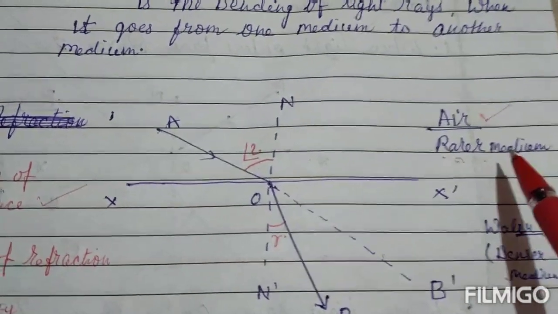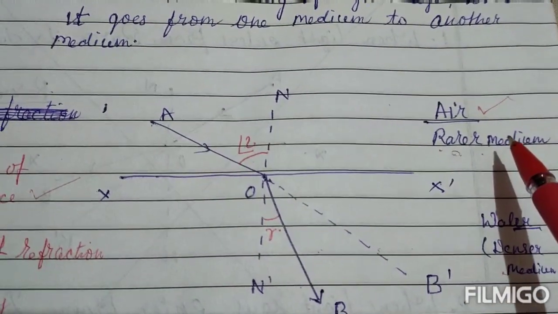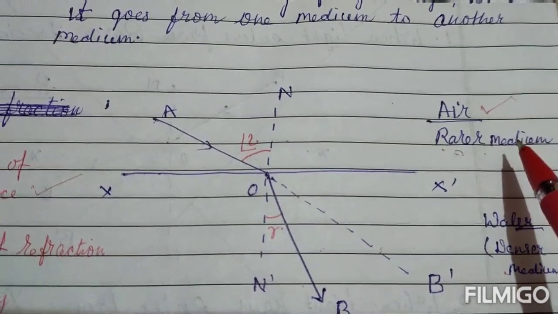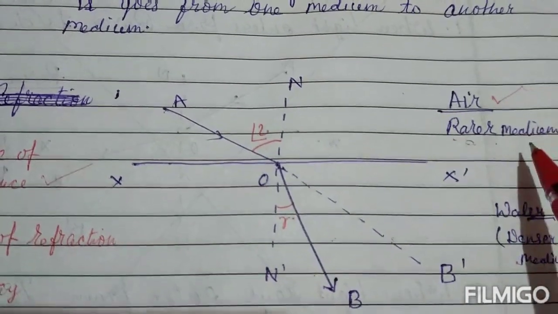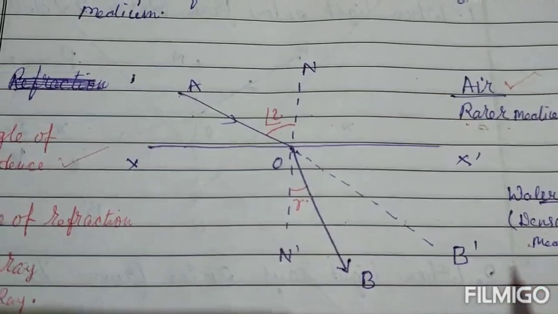Means optically denser medium has a large number of molecules per unit volume, or optically rarer medium has fewer molecules per unit volume. So now this is a rarer medium and this is denser medium.